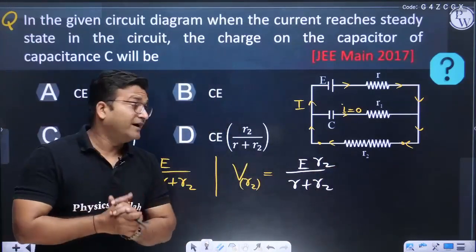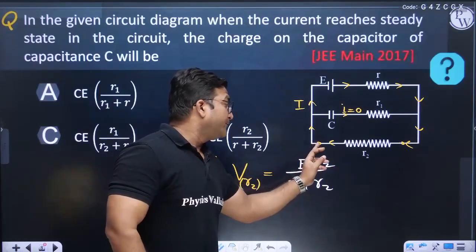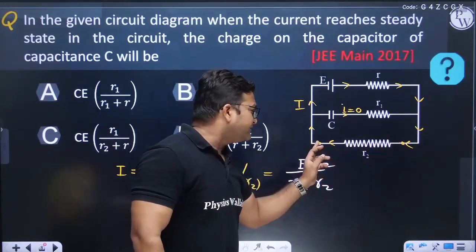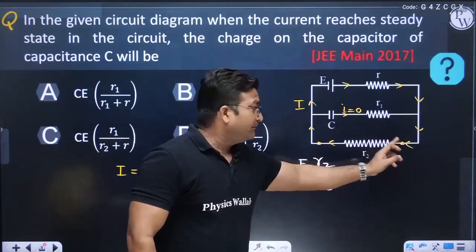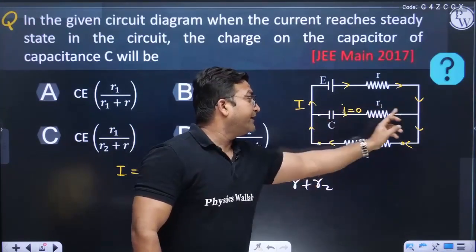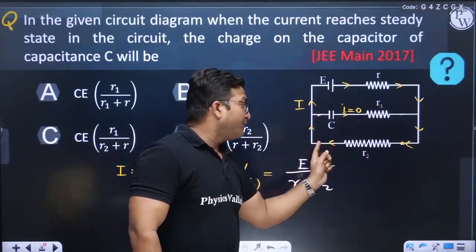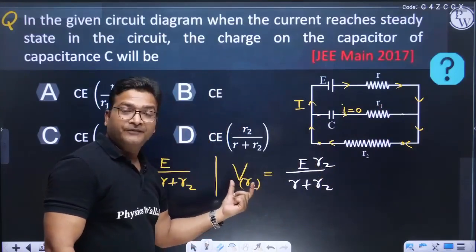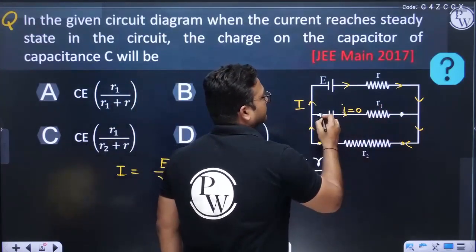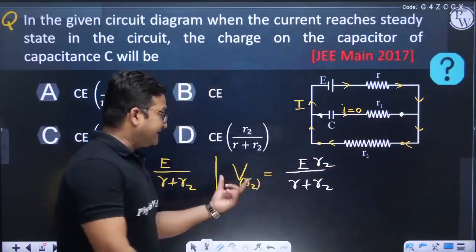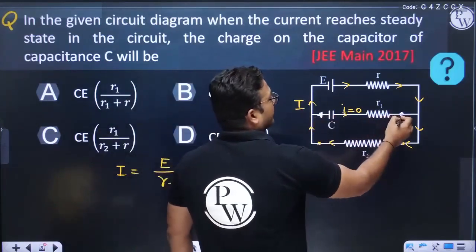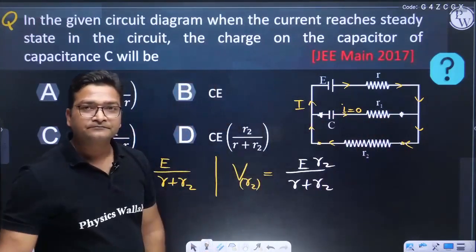Just try to imagine, we have found the potential difference across this resistance, and since this resistance is in parallel with the combination of R1 and C, the same potential difference is across this capacitor and R1 combination.